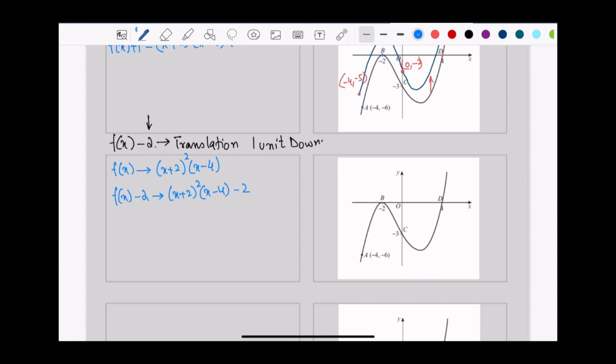Each coordinate now moves one unit down. So this coordinate moves one unit down, just randomly roughly putting these values. So probably this is going to be, and if I sketch it, it will look like this.